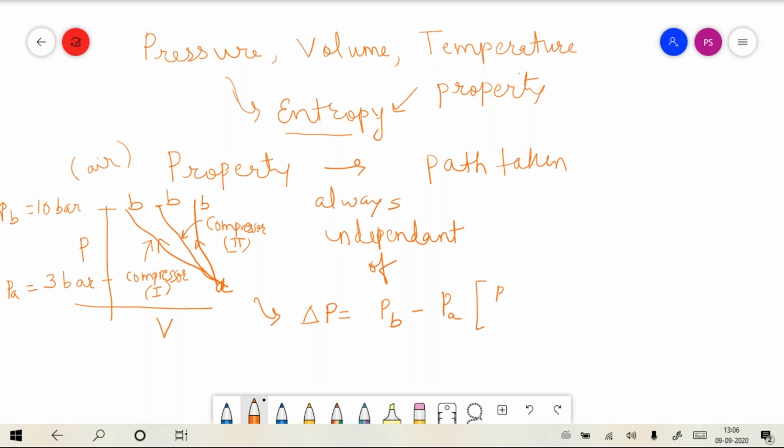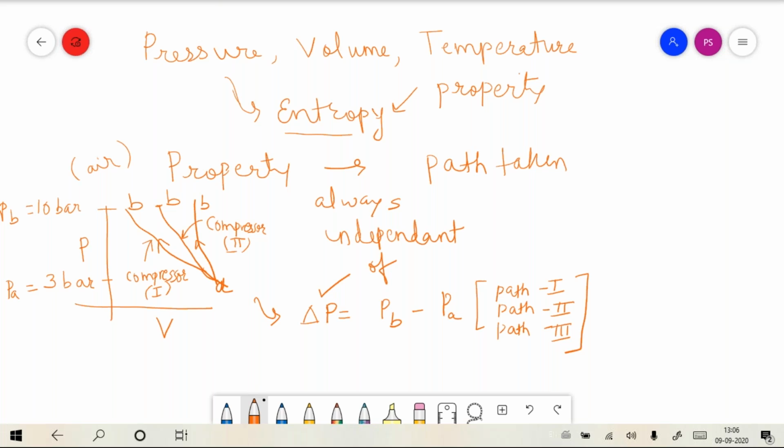Okay, so whether the path is path 1 followed by the compressor 1, or path 2 followed by the compressor 2, or path 3 by the compressor 3, you find that irrespective of the paths taken, this value PB minus PA would be the same.